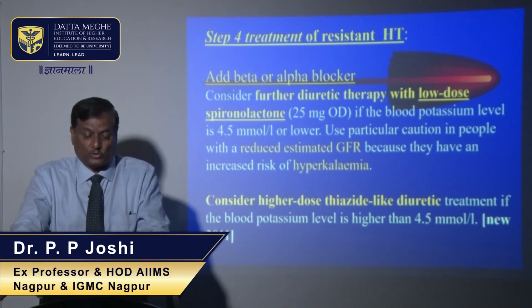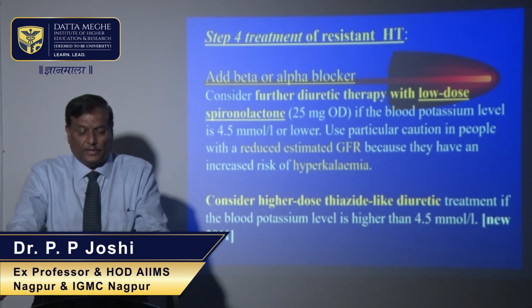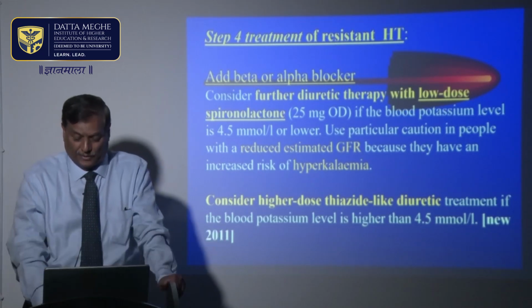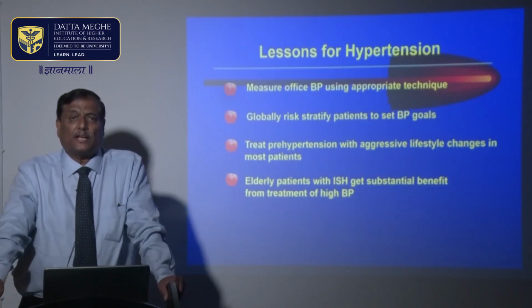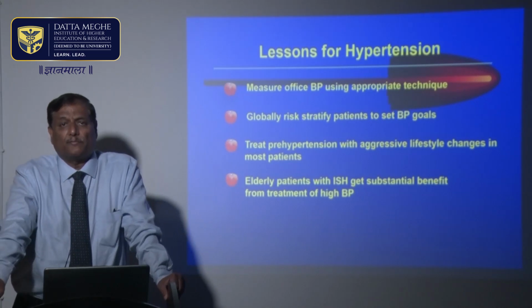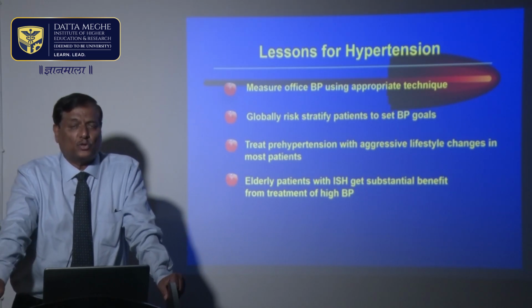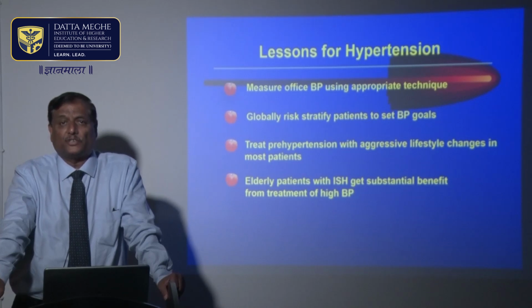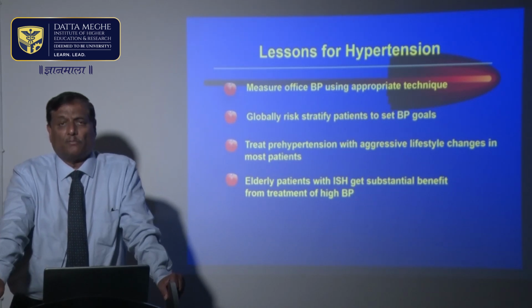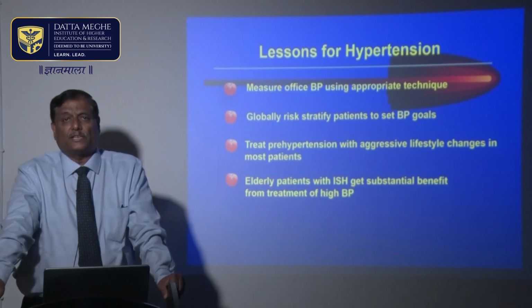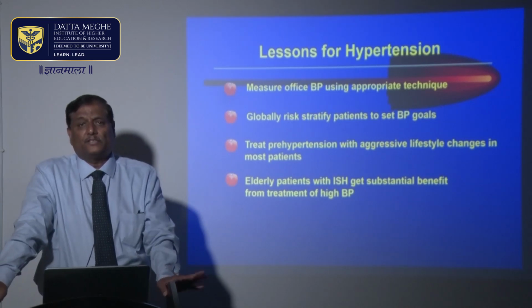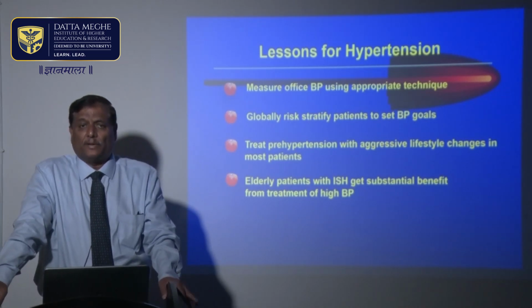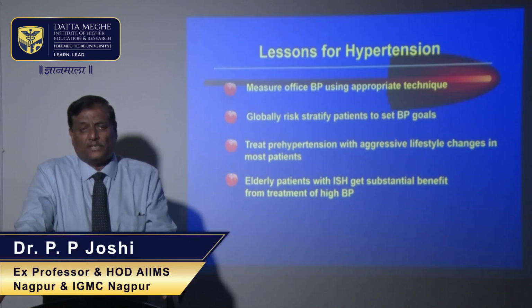That means low dose spironolactone works wonderfully in patients who have resistant hypertension. And resistant hypertension by definition is hypertension which remains uncontrolled. So this is a very clear definition: if the patient's goal blood pressure is not achieved by 3 drugs used in optimal doses, one of which is a diuretic, that is called resistant hypertension.